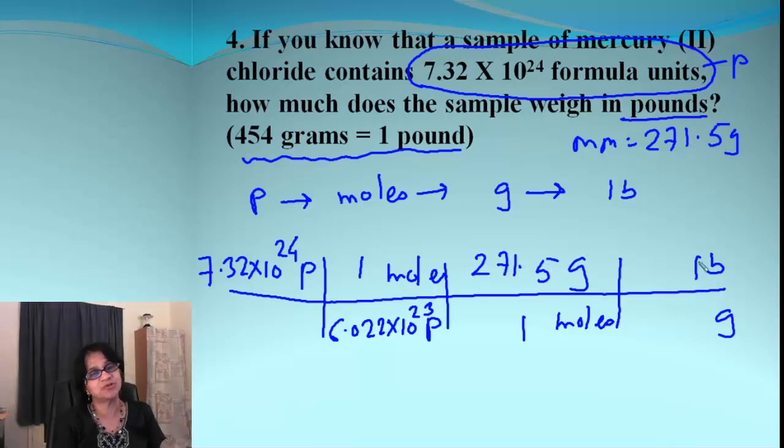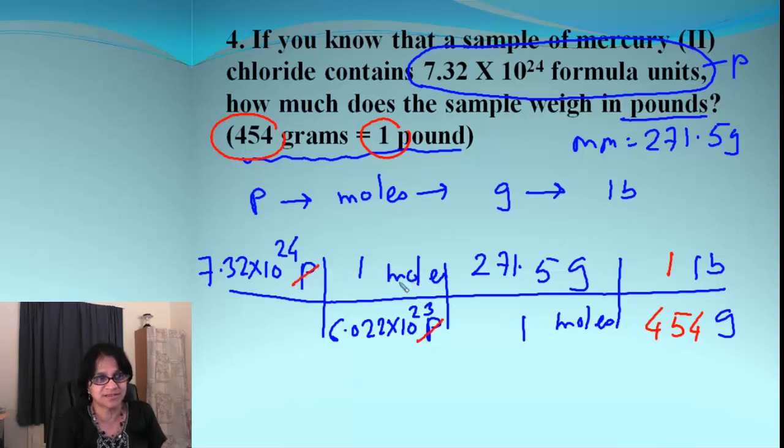Alright, and now it's pounds to grams. You are simply going to use this equation: 454 grams is equal to 1 pound, and the coefficients which we have, just take those coefficients with this ratio. So with pound we have 1, so we write that 1, and with grams we have 454, so that goes there.